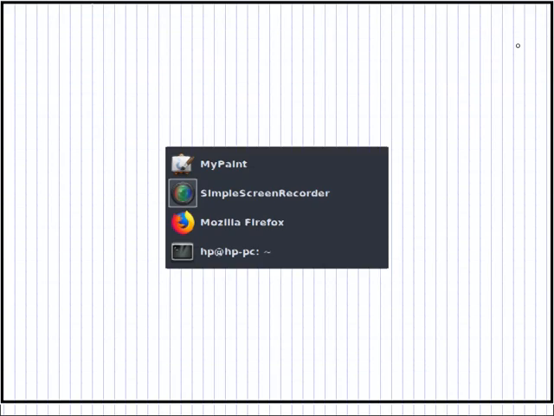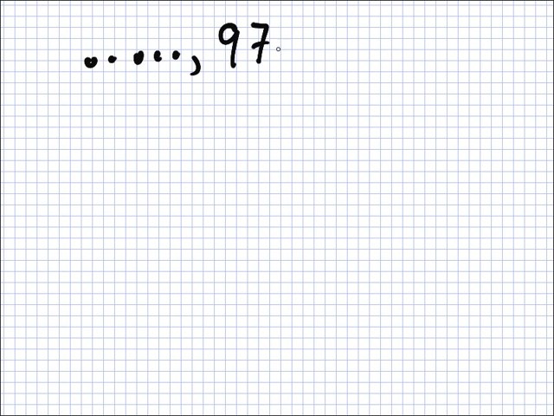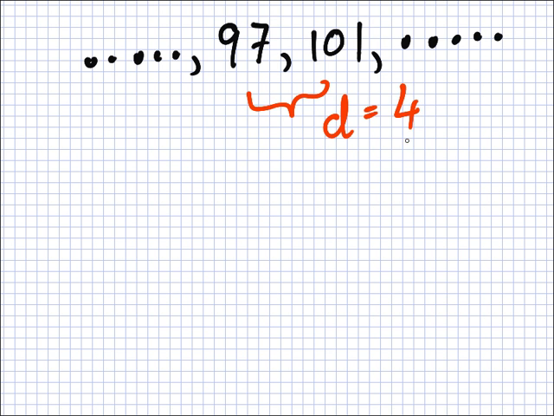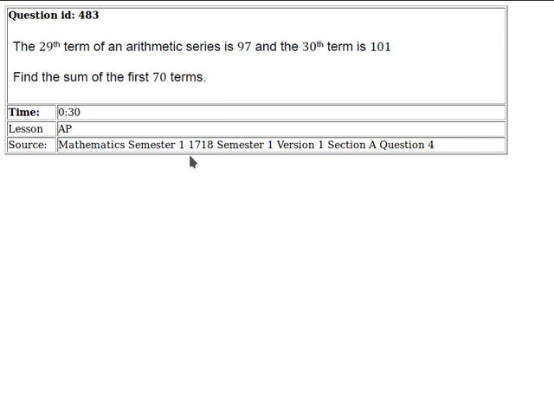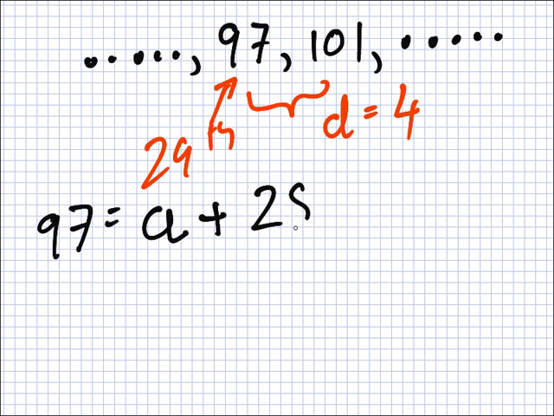Okay, so if you look here, you have many terms, and then the 29th term is 97, and the 30th term is 101, and then you have many more terms. So clearly, we don't have to do it simultaneously, it's not necessary. Clearly here the d is 4. You can use the formula, the 29th term will equal a plus n minus 1 times 4.